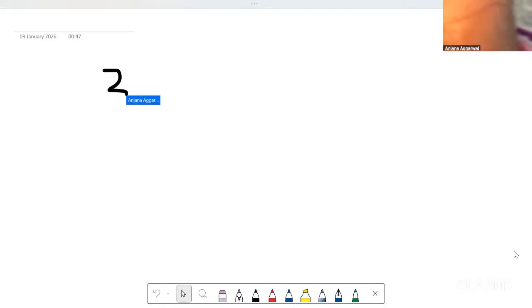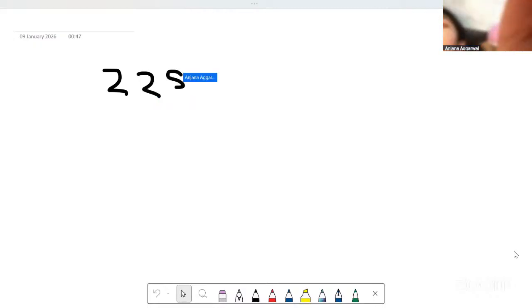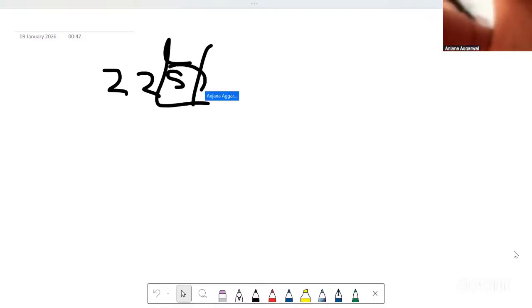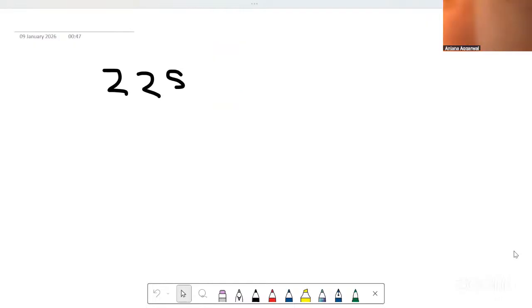Since we've done 12 and we know that 144 is above 12, we should take 14 maybe. 4 times 4 is 16, that ends in 6, so 14 is incorrect. Then if you take 15, 5 times 5 is 25, and that ends in a 5. So there's more likely chances that the answer to this is 15.